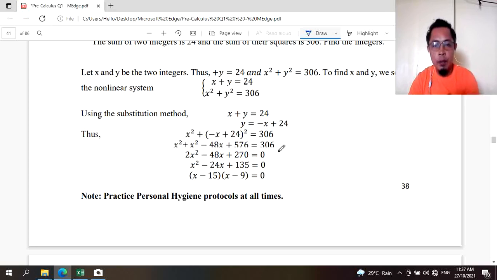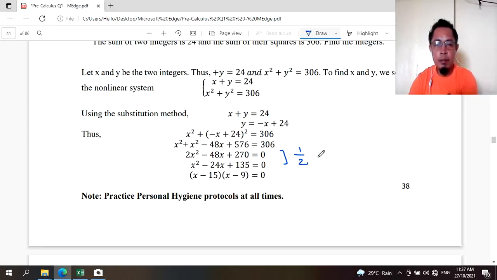And of course, we can further simplify this if we multiply the equation by 1/2. So that leads now to x squared minus 24x plus 135. Again, trial and error is being used here. We have the factors as x minus 15 and x minus 9.